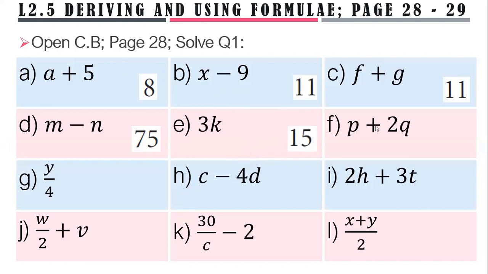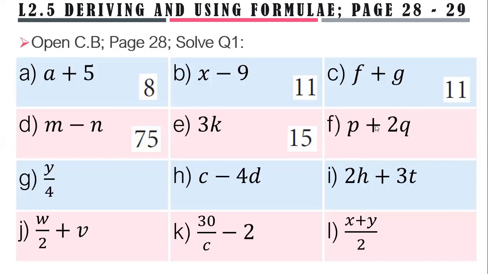And next one, F. Mansoor. P plus 2q when p equals 5 and q equals 3. So the p I will replace with 5, and the q I will replace with 3.